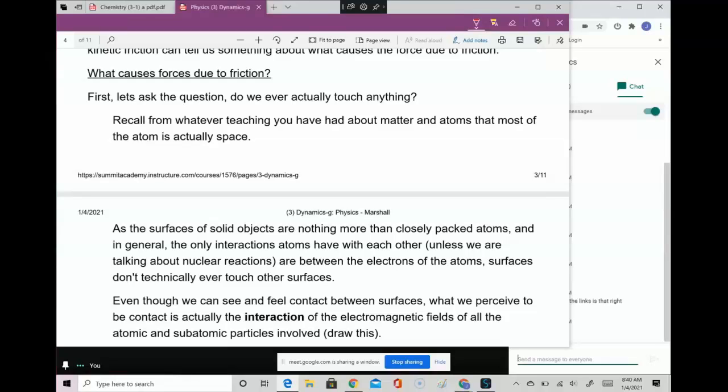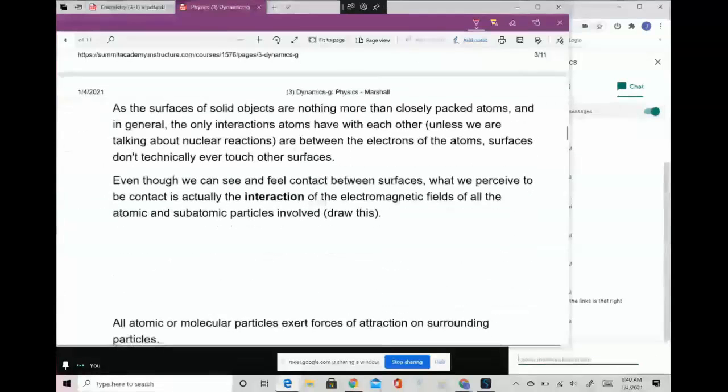Recall from whatever teaching you've had about matter and atoms that most of the atom is actually space. The surfaces of solid objects are nothing more than closely packed atoms, and in general, the only interactions atoms have with each other are between electrons. Surfaces don't technically ever touch other surfaces.